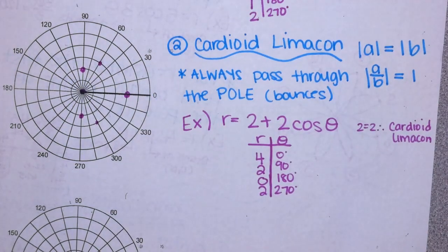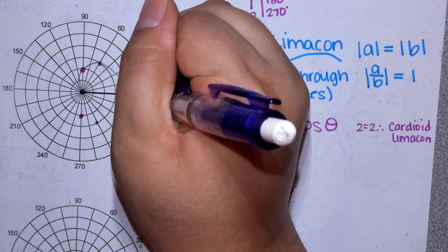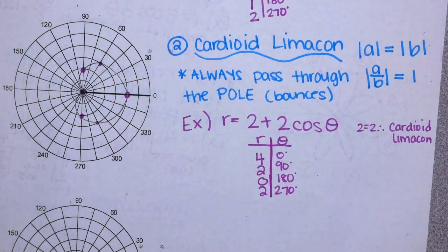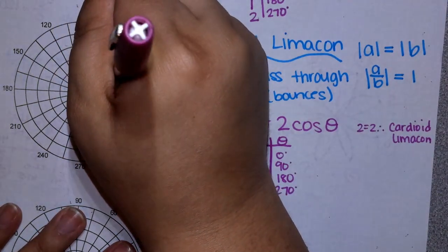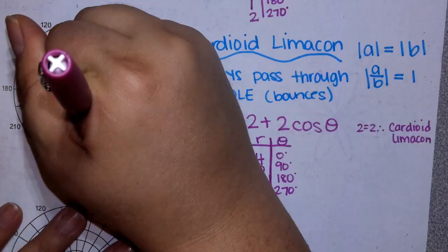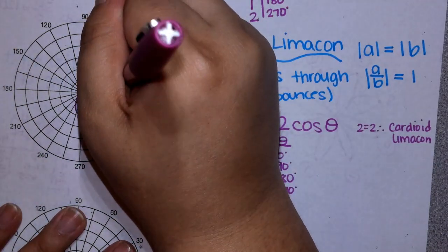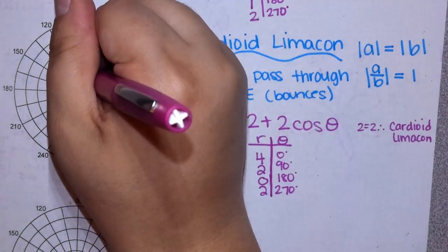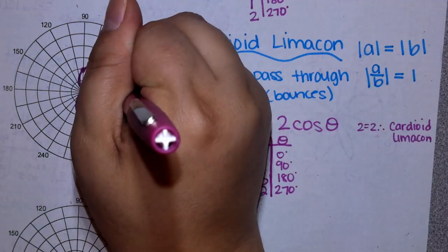So I'm going to use a pencil because I'm not very good at drawing these right off the bat. There we go. And do you see how it bounces at the pole?